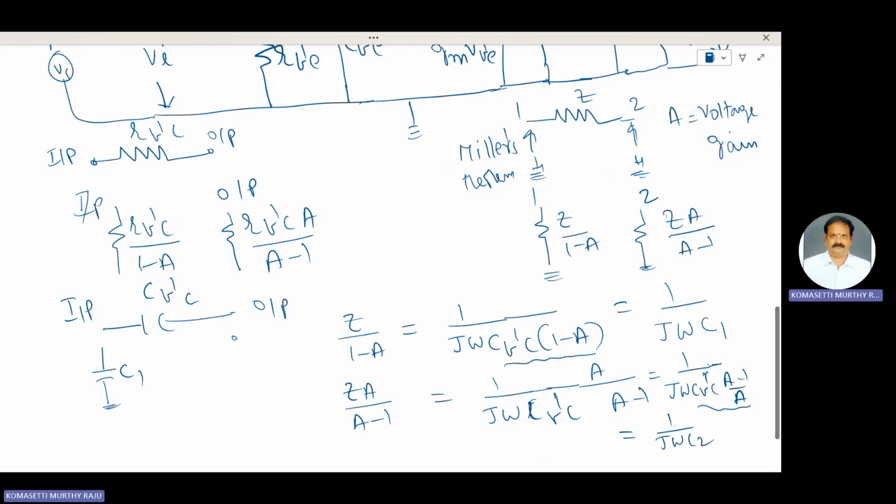At the output side, the capacitance value is C2, where C1 is CB'C into 1 minus A, and C2 is CB'C into A minus 1 by A.